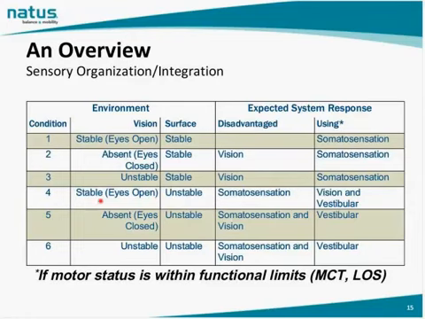The fourth condition now, the visual environment is stable, that is a reliable source of information, and the surface is unstable or sway referenced. So now the floor of the platform moves in conjunction with the center of gravity of the patient.